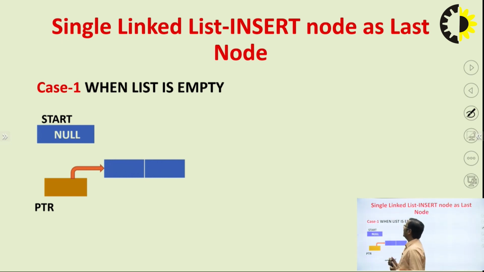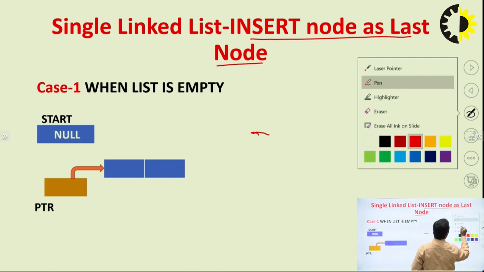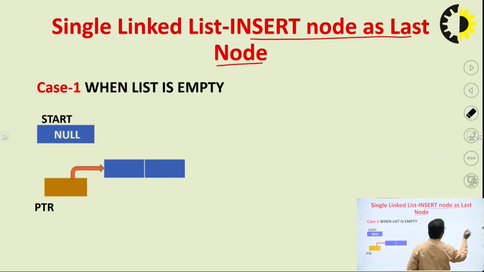Now we will cover the case of inserting a node as a last node in the single linked list. So, insert a node as a last node. Here both cases will be different.